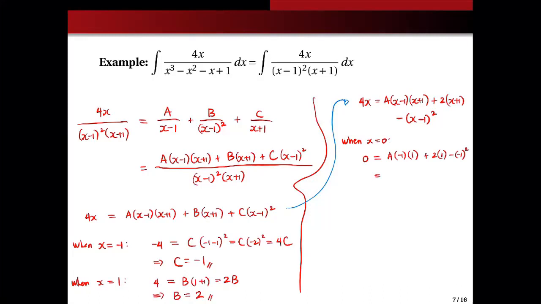So here, you will have minus a, and then in here, negative 1 squared, that's positive 1. So you have 2 minus 1. So you will have plus 1. So this is 0 here. And this means that a is equal to 1. Okay?